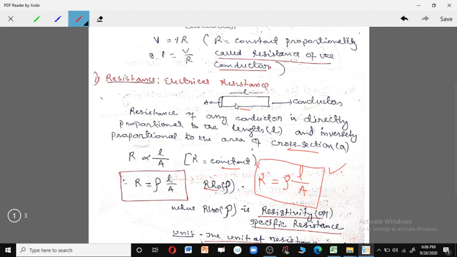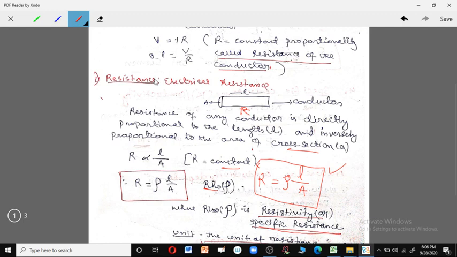So this is the wire. Suppose you apply an electric current, this conductor will pass the electric current. This resistance is directly proportional to length and inversely proportional to area of the cross section. Therefore R equals rho l by A, where rho is the constant. This rho is called resistivity or specific resistance.